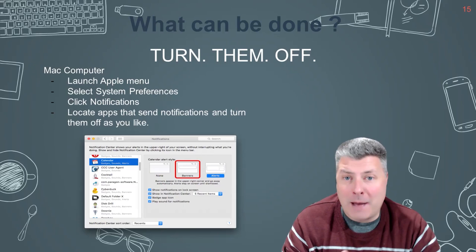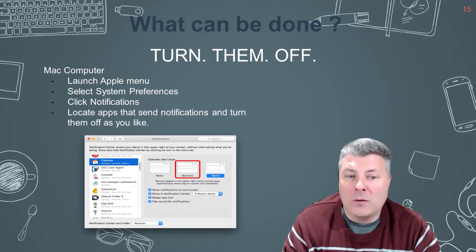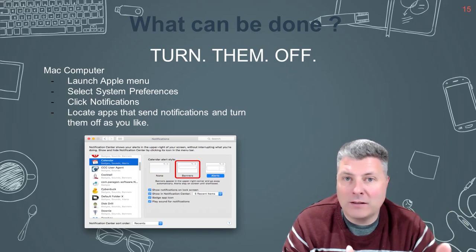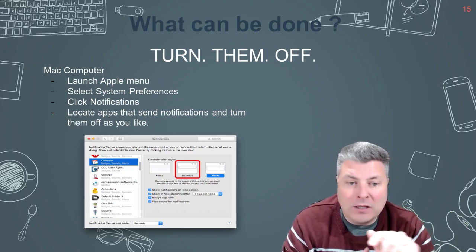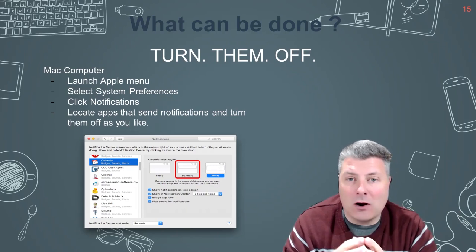If you have an Apple computer, launch the Apple menu. You want to select System Preferences, go to your notifications, and you'll have a list of all the different apps on your computer. You can go through. You can see underneath, it'll tell you which notifications are currently active for each app.